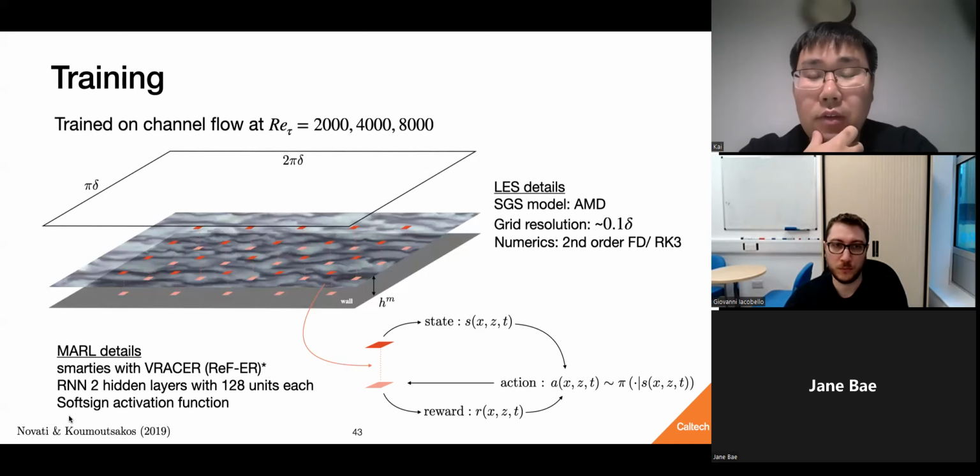How is the computational cost of using the reinforcement learning model compared with, say, LES? LES may be very long. Well, this is LES. It is LES, just using a wall model on top of it.